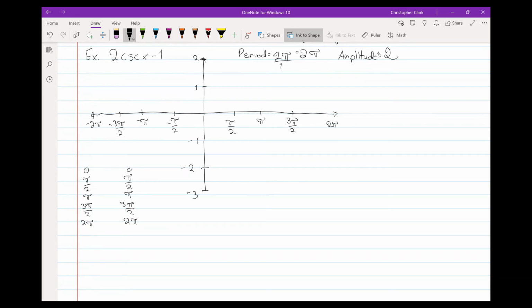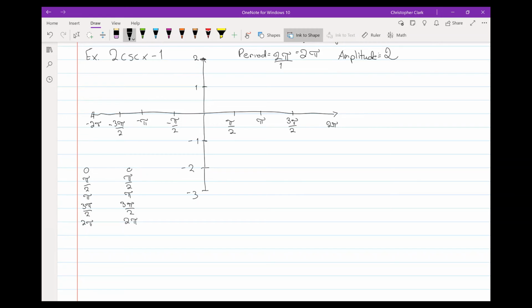So the period is 2 pi, but in this case we have nothing multiplying or dividing in the argument, so the period stays 2 pi. The amplitude is 2 because our a here is 2, so the absolute value of a is 2. So I went ahead and marked 2, 1, negative 1, negative 2, and 3, and we're going to see why in a second.